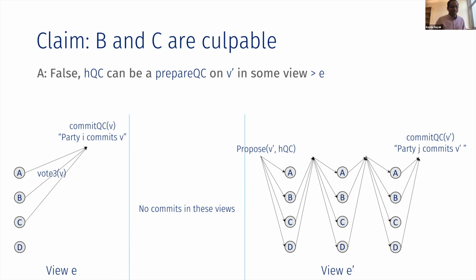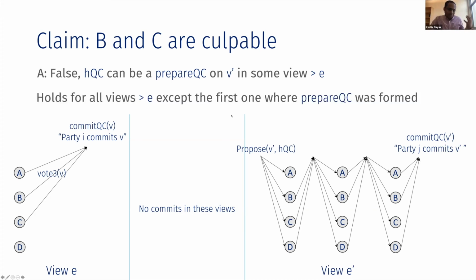And in this case, it can so happen that HQC comes from a higher view than E, in which case it is okay for B and C to vote on this value. And this holds for all views greater than E, except the first higher view where a prepared QC was formed.